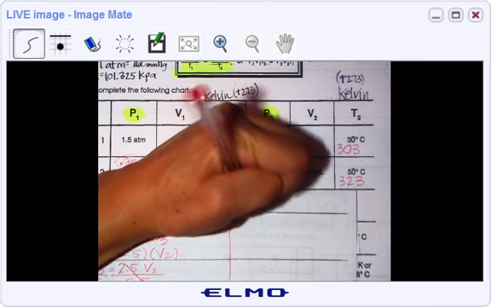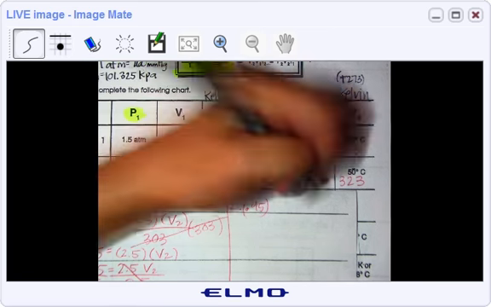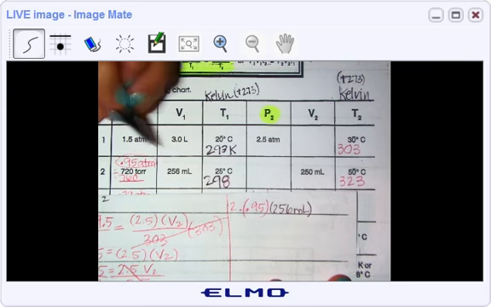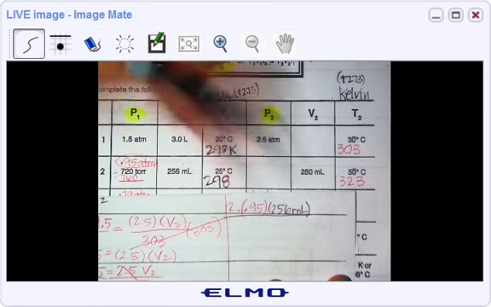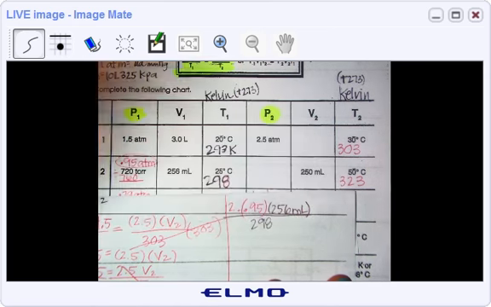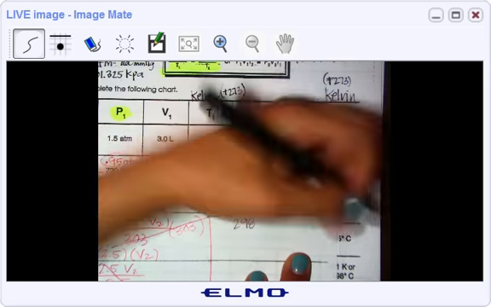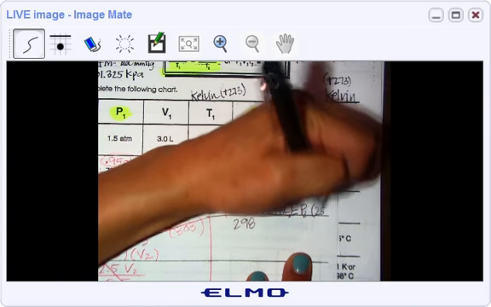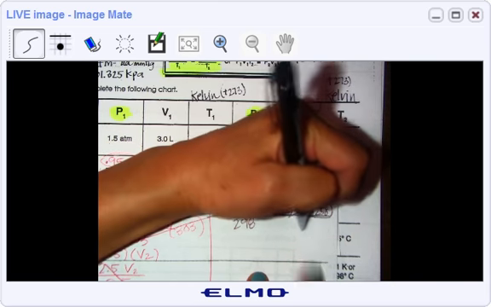So 0.95 times V1, 256 mL, over T1, which is 298, equals my P2, that's what we don't have. My V2 is 250, divided by my T2, which is 323.